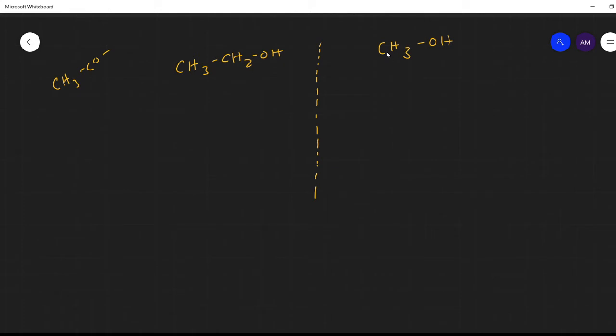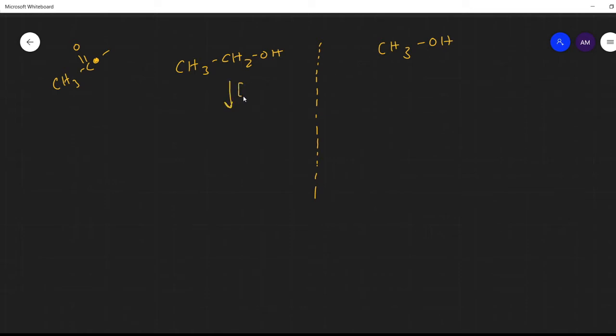So you will think how this thing will take place. Let me clarify: this is ethanol, this is methanol, and if you want to distinguish between the two, here also we can do the iodoform test.